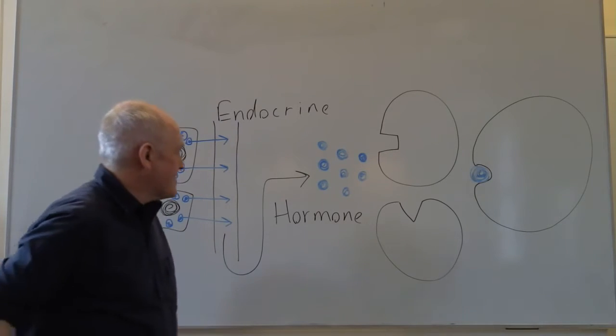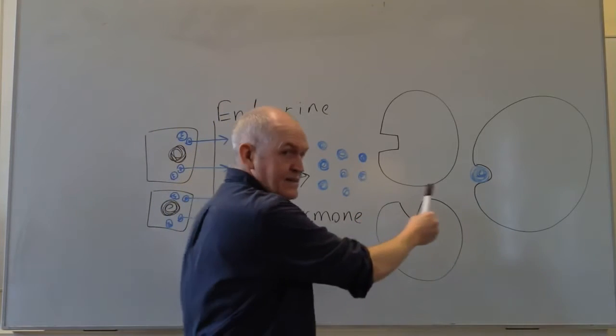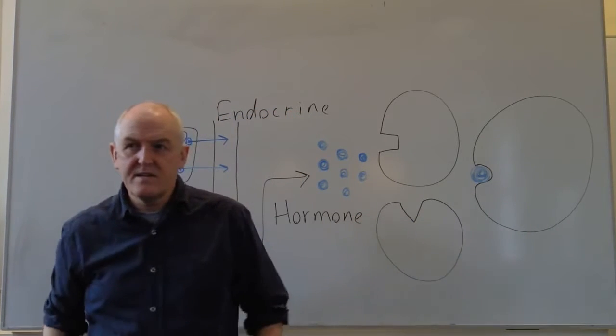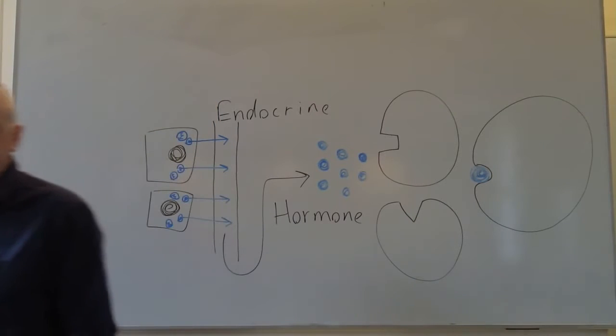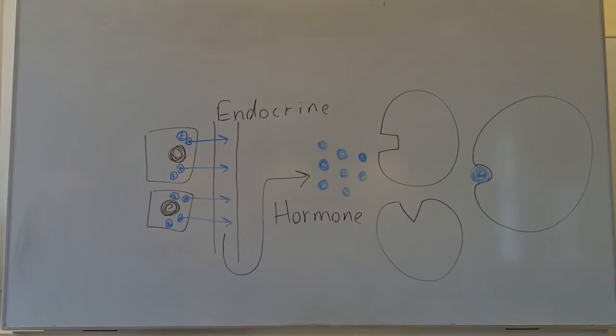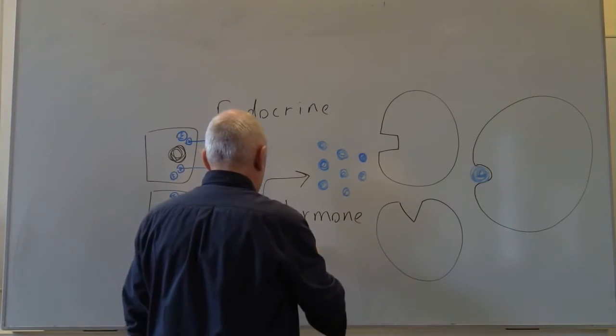So in this context, can you see that the hormone is the key and the receptor is the lock that the key fits into? It's the lock and key idea. Or to put it another way, the hormone is a signal.